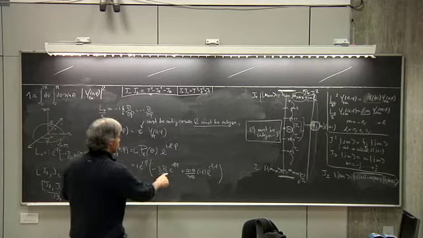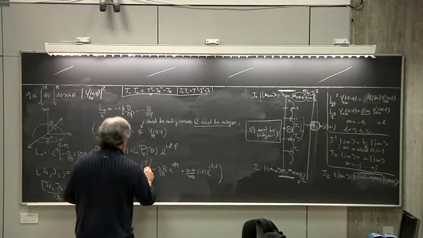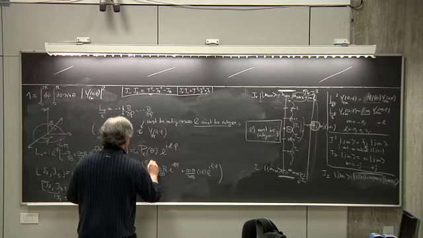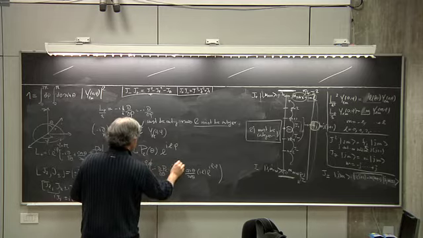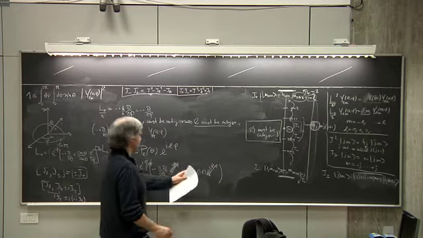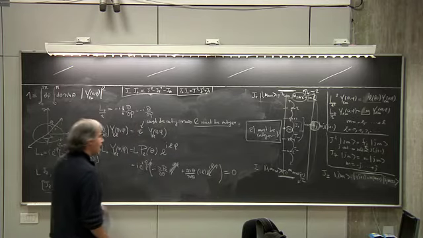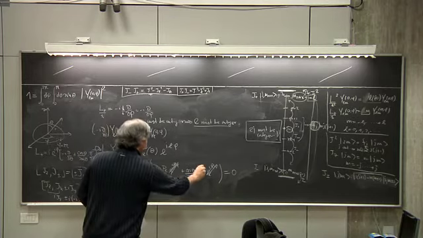Now, you can take out e to the i L phi, in fact. And you notice that this object here, in principle, should be 0. So the i is really not important as well.